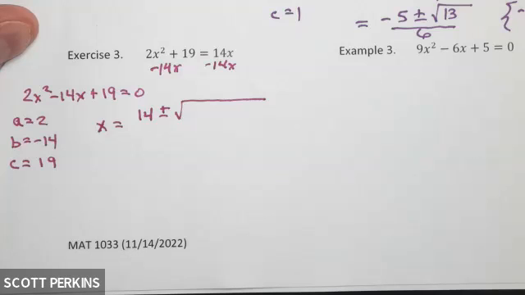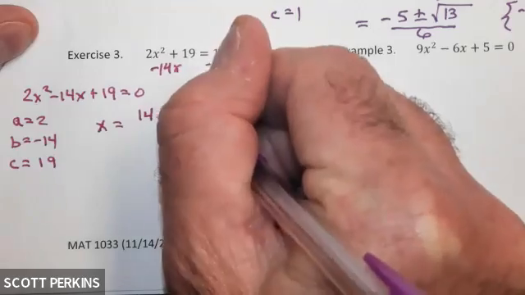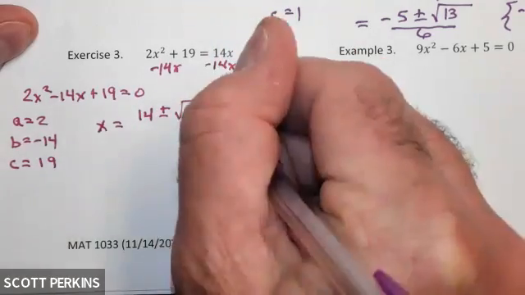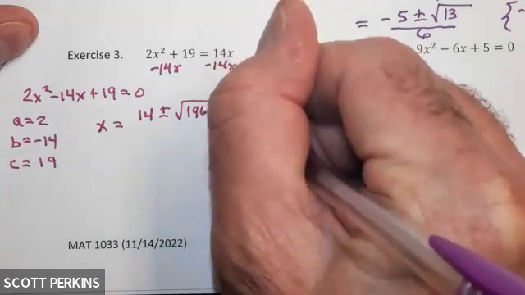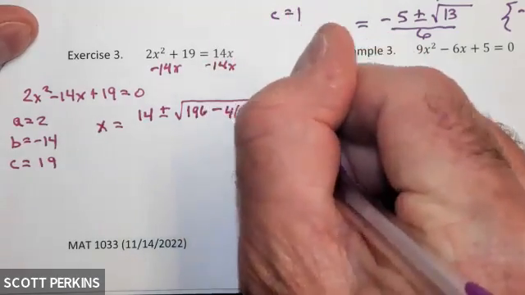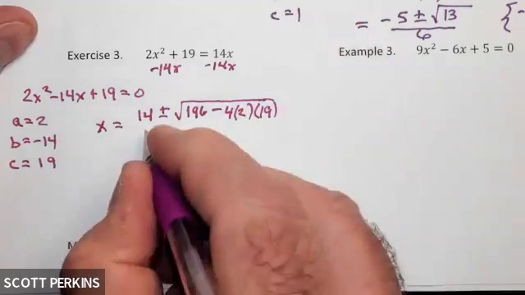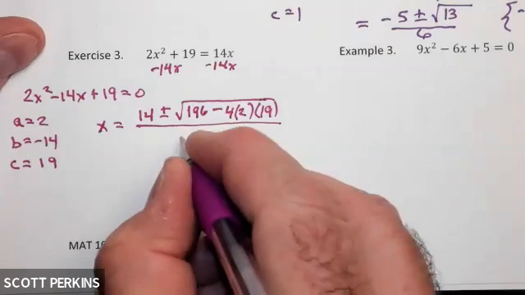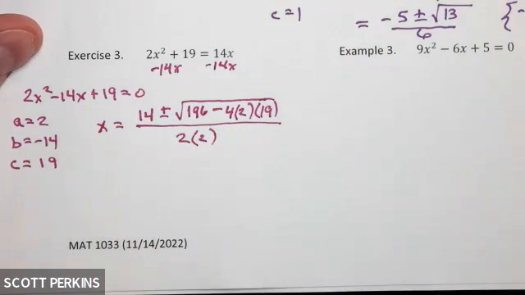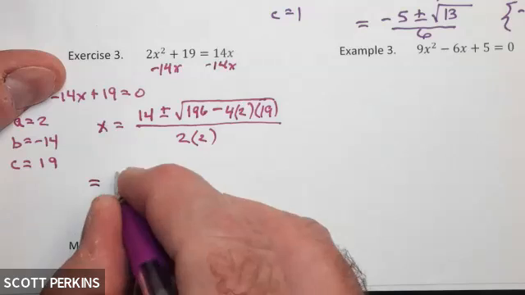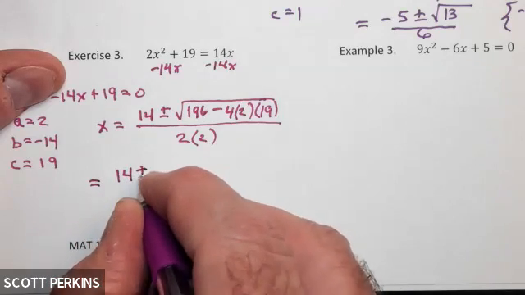Is that 196? All right, look at that. I'm doing mental arithmetic like a champion today. Minus 4 times A, which is 2, and C, which is 19. All of that is over 2 times A, so 2 times 2, or you can just skip to the finish line and write 4 there. So in the numerator, underneath that radical, that's where all the fun stuff's happening.